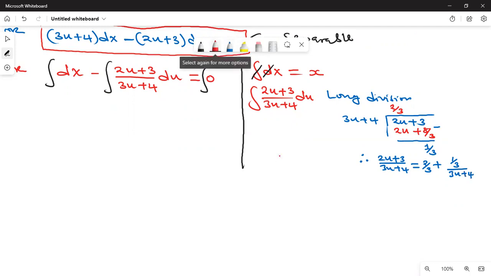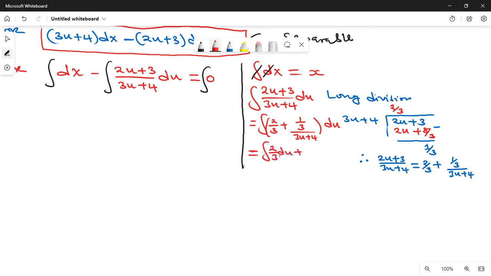Therefore, you can now say that this integral is now equal to the integral of 2/3 plus (1/3) over (3u + 4) du, which you can write as the integral of 2/3 du plus 1/3 times the integral of 1 over (3u + 4) du.